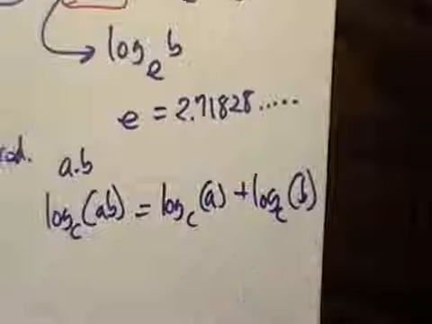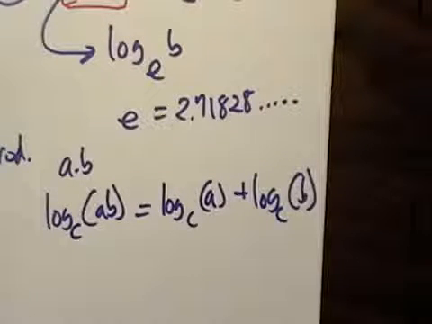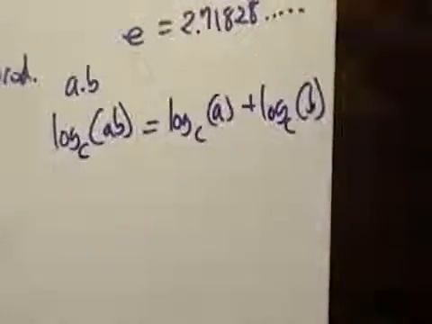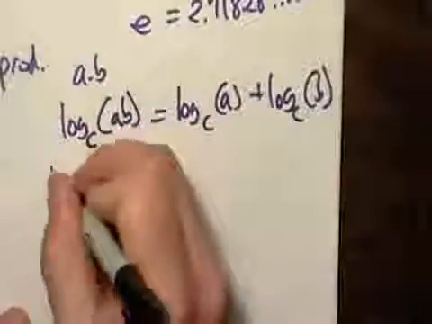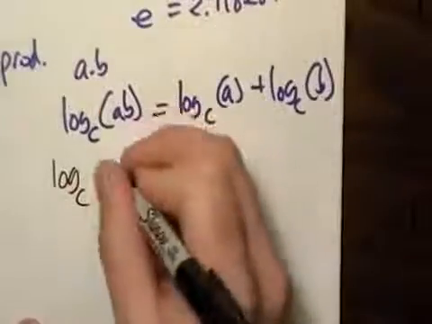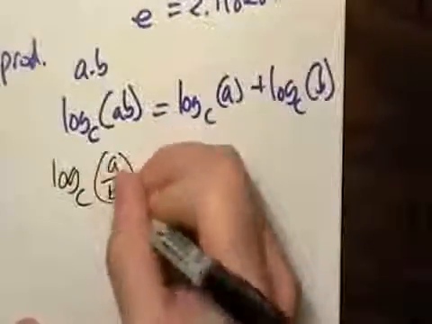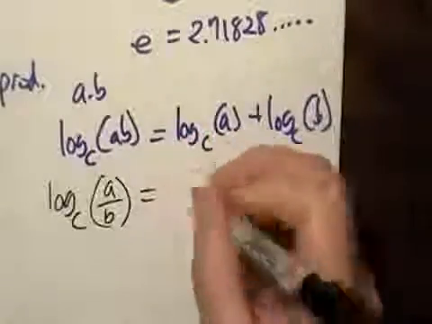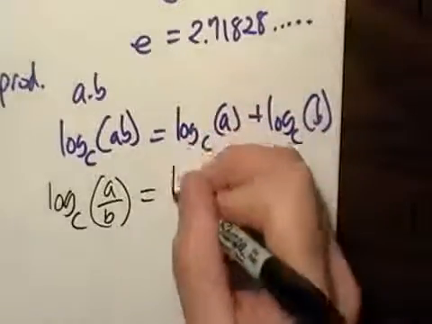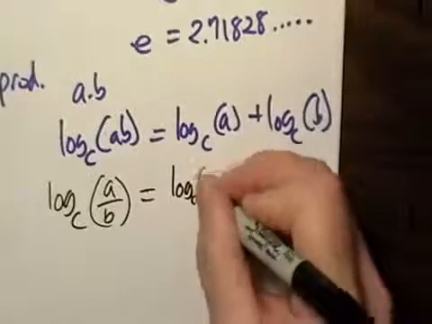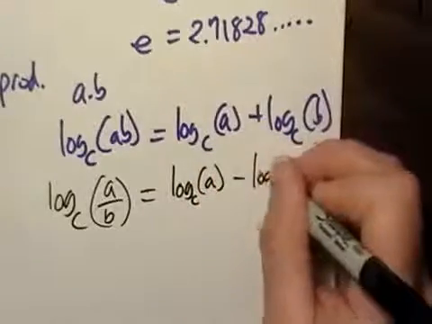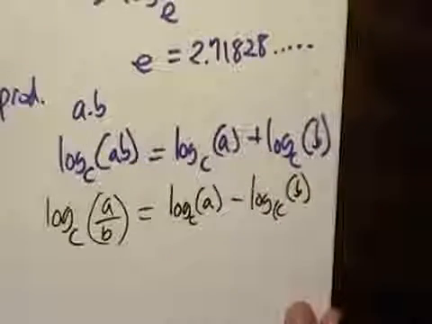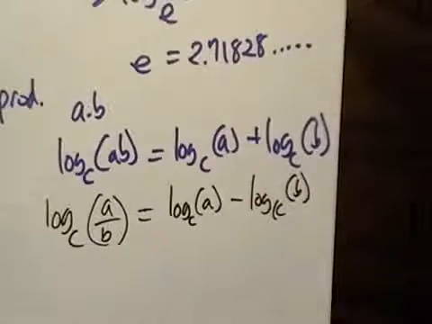So you can do that. That's handy because sometimes you might need to use it to solve an equation. And the same thing is kind of true for division. If you get the log of a fraction, well, you can rewrite it as log base c of a minus log base c of b. So you can do the same thing, okay?